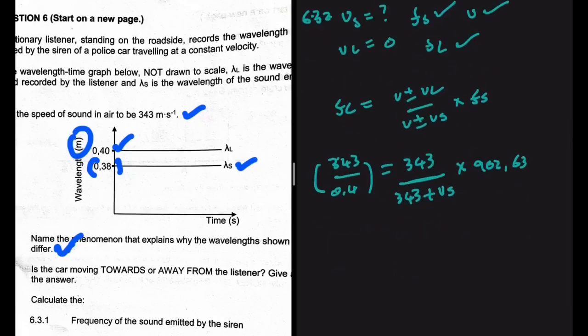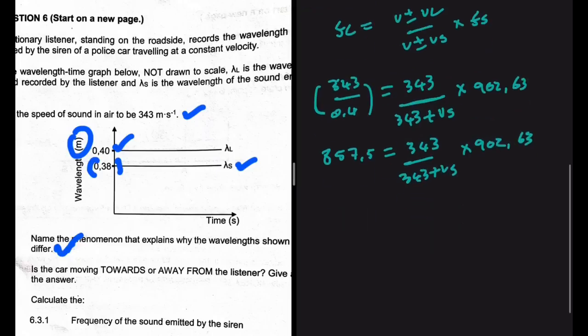So 343 divided by 0.4 is 857.5, and it is equal to 343 divided by 343 plus Vs, multiplied by 902.63. Let's divide both sides by 902.63. If we do that, we get 0.95 equal to 343 divided by 343 plus Vs.